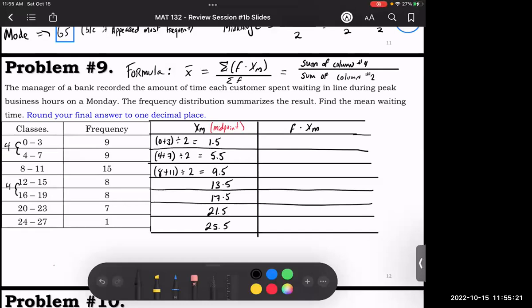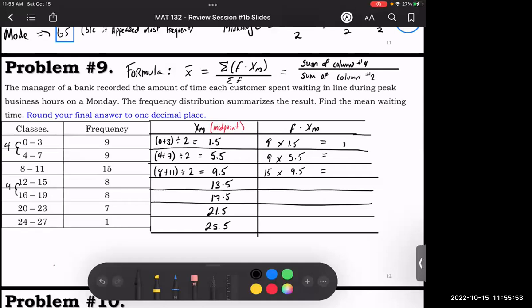Now, in the 4th column, you just take all the frequency values. You take the frequency of each class and multiply by the midpoint for that class. So, for example, you do 9 times 1.5, 9 times 5.5, 15 times 9.5, and so forth. If you take 9 times 1.5, I think that's 13.5. Let me just double check. Yeah.